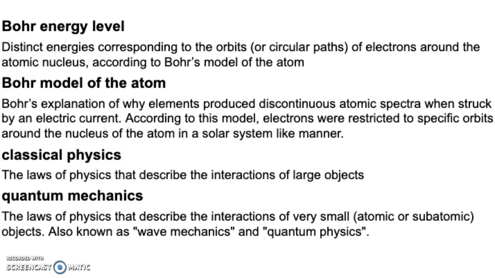So the explanation of why the discontinuous atomic spectra was, according to his model, electrons are restricted to specific orbits around the nucleus in a solar system-like manner, meaning that an electron couldn't jump from one orbit to another without some sort of energy.